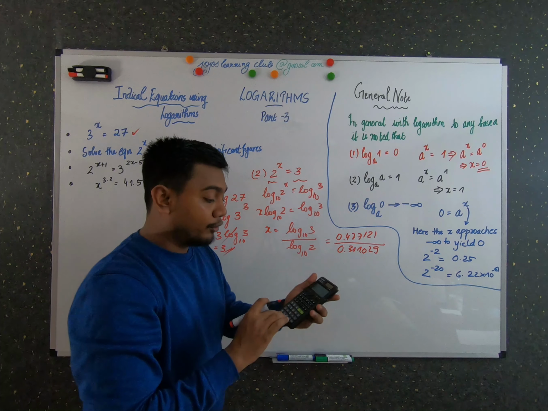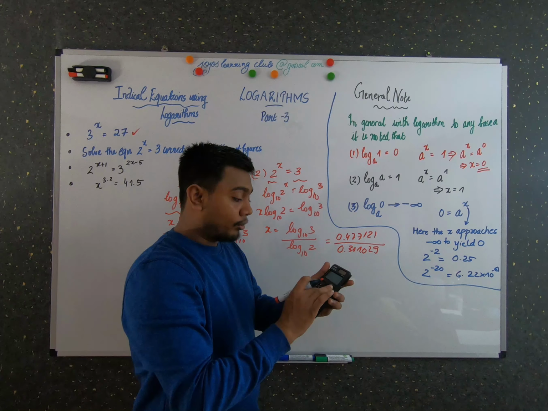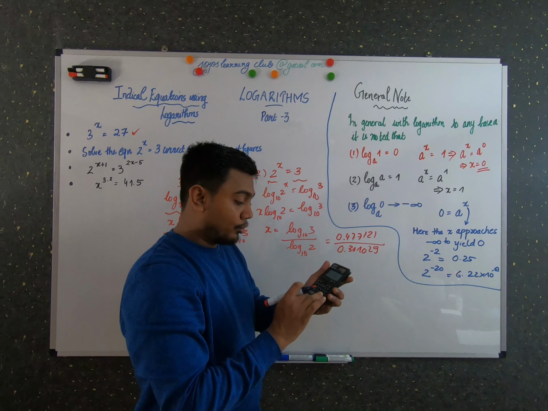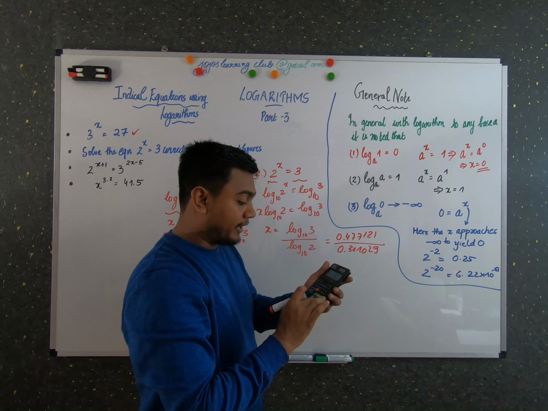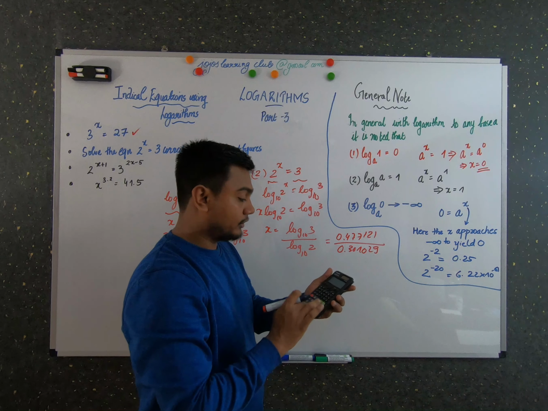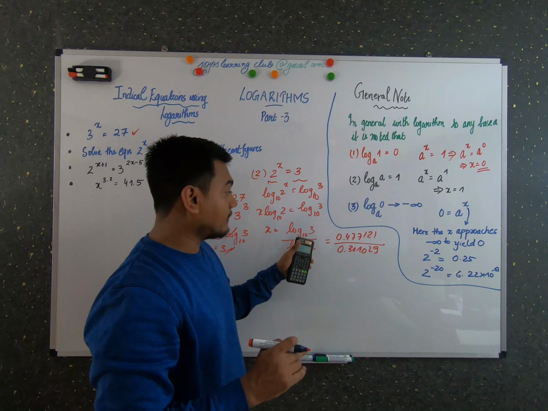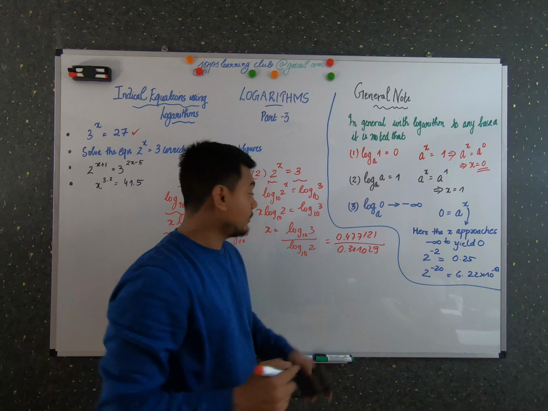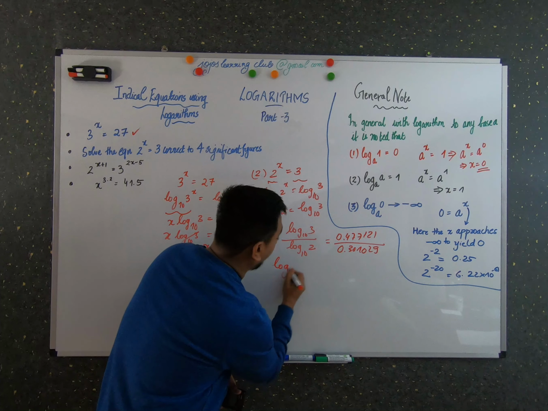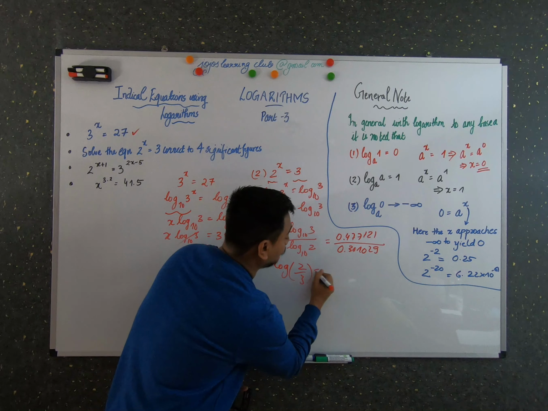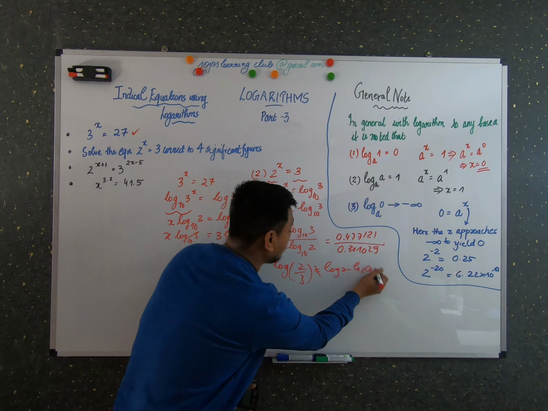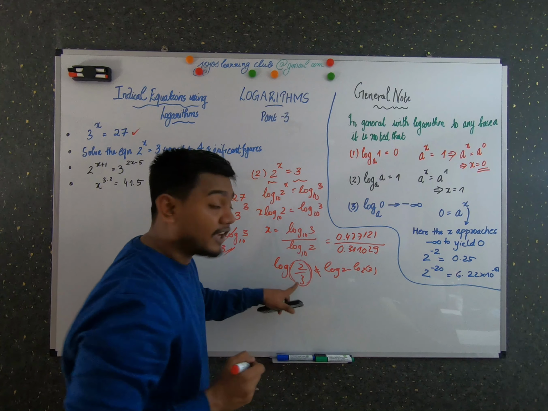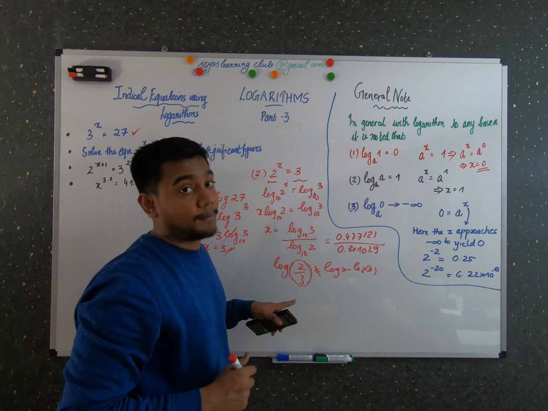Now, you can't apply the same rule as log 2 minus log 3, because that is not a number division; these are two different numbers.